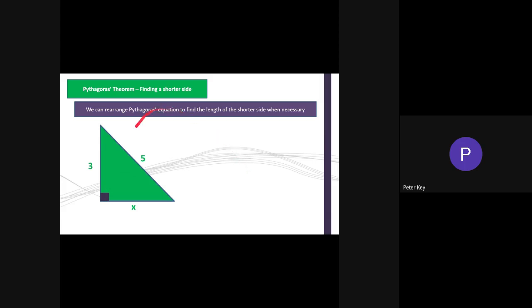So remember, we had a squared plus b squared equals c squared. So it will be 3 squared plus x squared equals 5 squared. Now, we can't do x squared, can we? Because we don't know what x is. So we can't use that formula. We have to rearrange it.